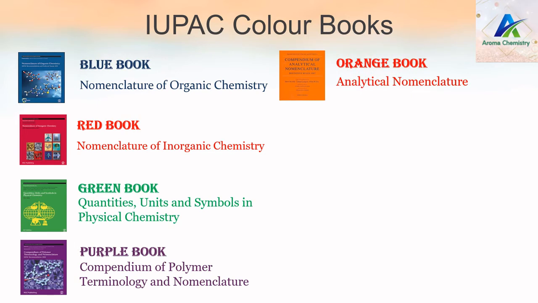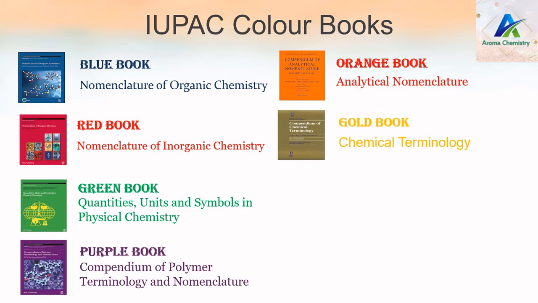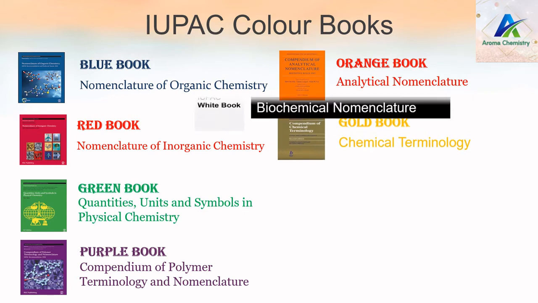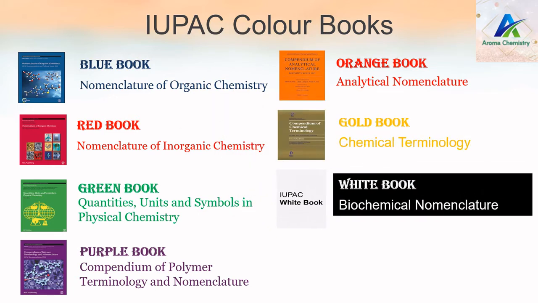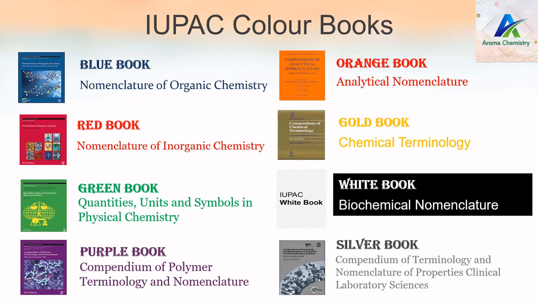Orange book refers to analytical nomenclature. Gold book refers to chemical terminology. White book refers to biochemical nomenclature. Silver book refers to the compendium of terminology and nomenclature of properties in clinical laboratory science.